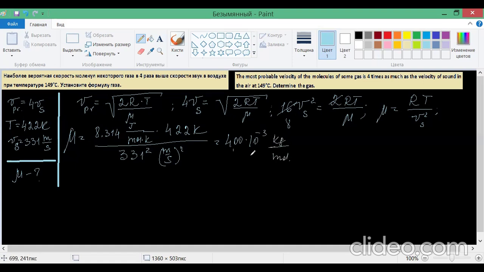And if we look at the periodic table, we will see that it is the molar mass of helium. So we've just identified the type of the molecules of the gas. It's helium. However, this is not the end of the solution.